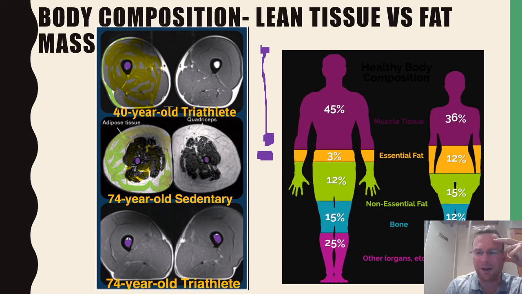You know, we can't live without fat. We need it to transport certain vitamins and minerals. We've got non-essential fat, fat that's held subcutaneously under our skin or wrapped around our organs when it becomes excessive. We've got bone, and then we've also got our other organs, our internal digestive system, etc.